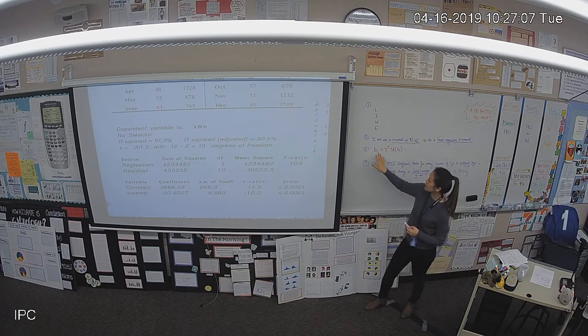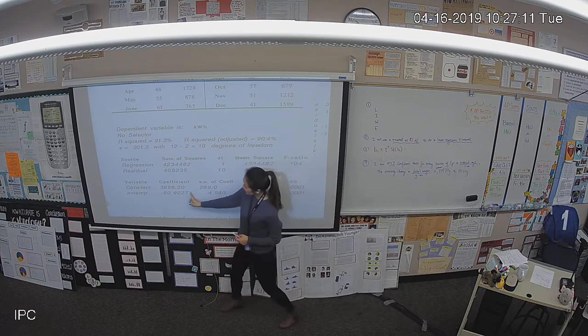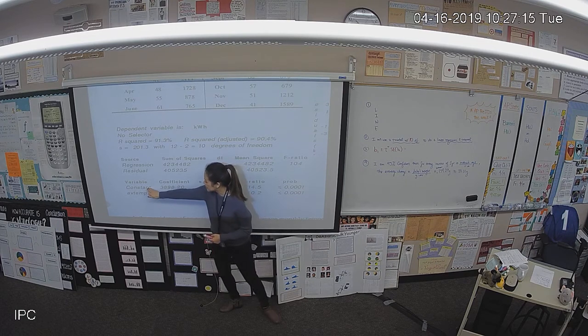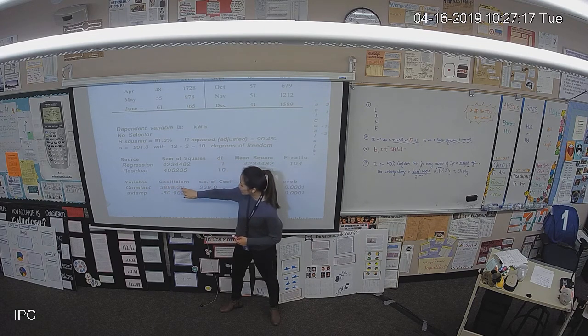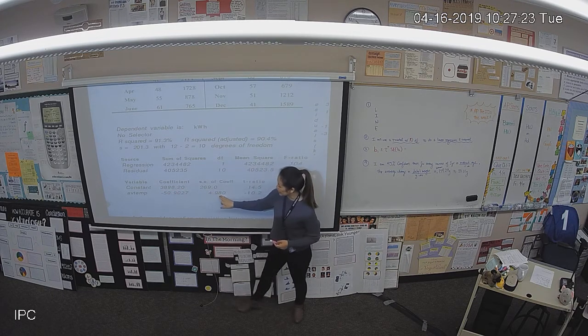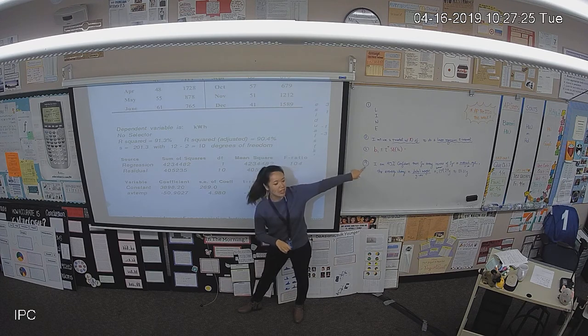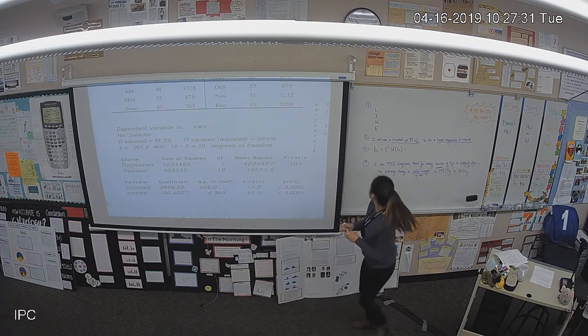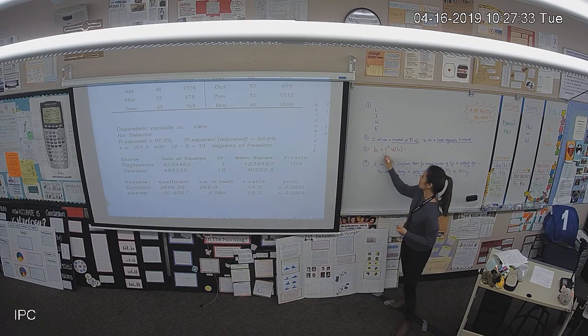The Minitab gives you 2 of these things. b sub 1 is right here. So you find constant. Right next to it is the y-intercept. Right below that is your slope. So that's your b sub 1. Right next to it is your standard error of b sub 1. The only thing you guys have to calculate is the t star.